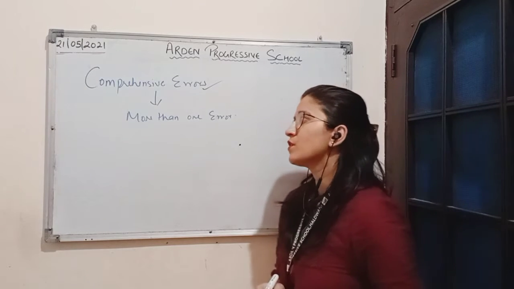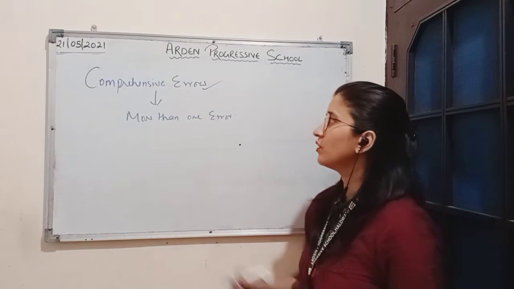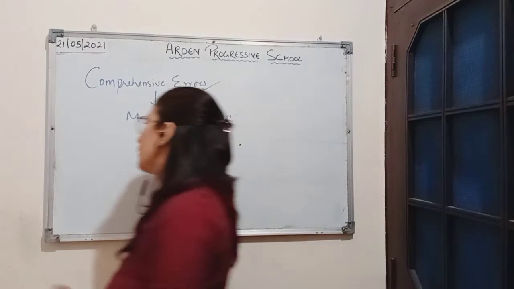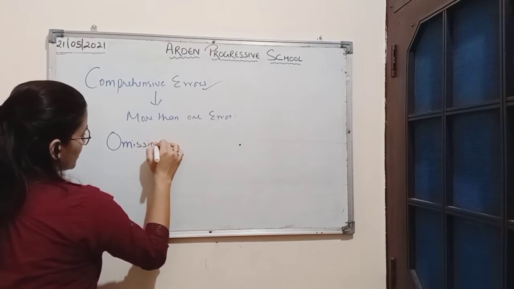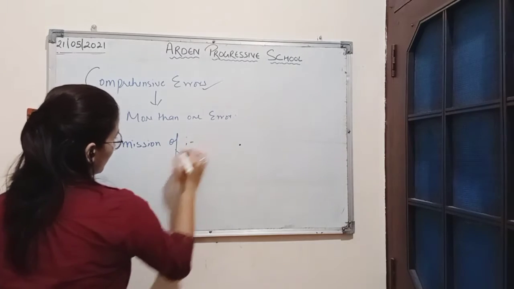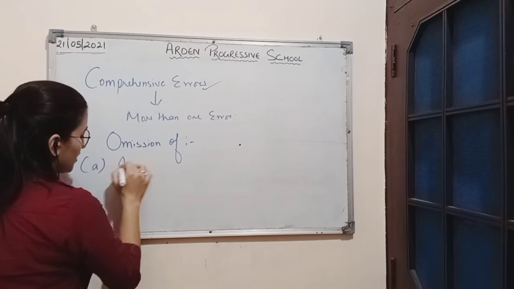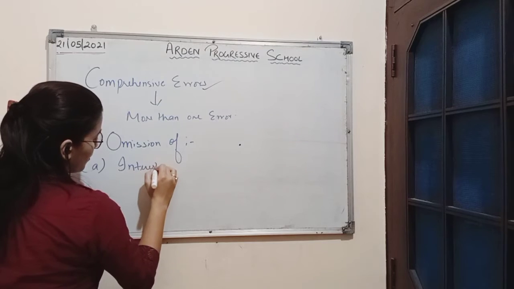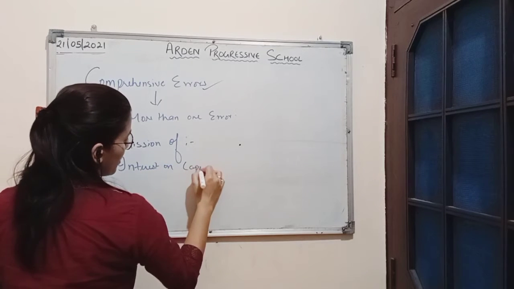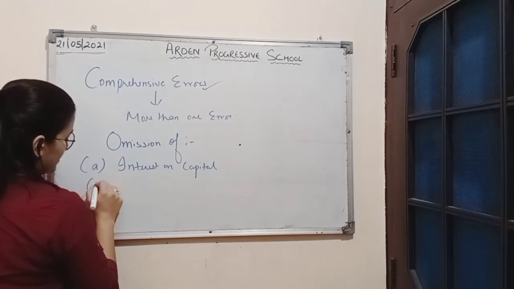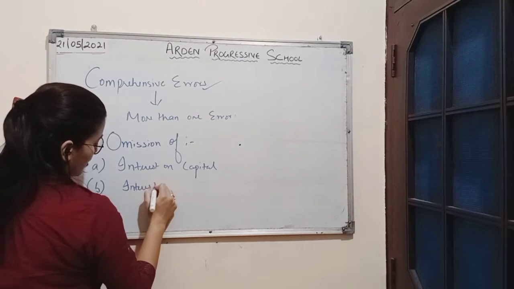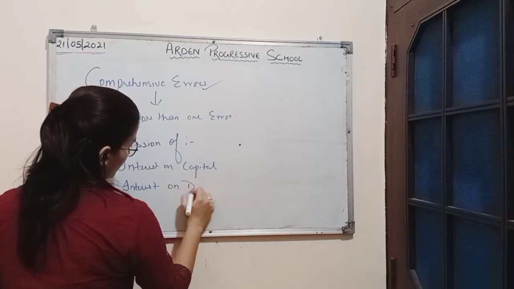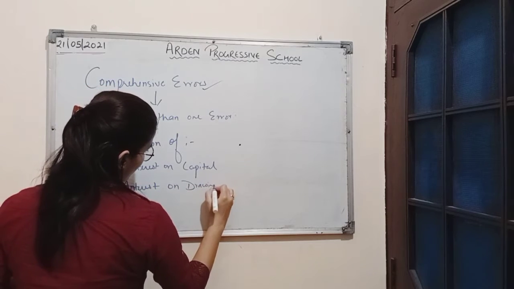So here we will be solving one question based on comprehensive errors, where there will be two types of error, which are omission of, first is interest on capital, and second type of error is interest on drawings.